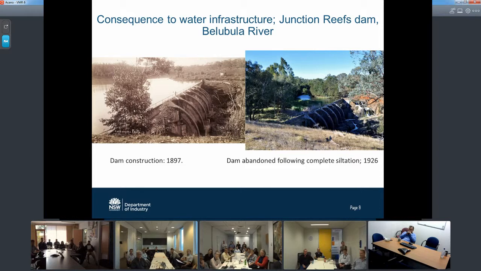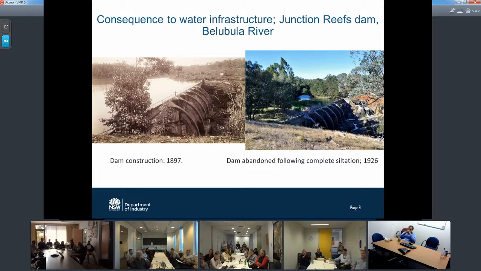They couldn't operate their weir gates, although they tried to use dynamite to open the gates up. And the dam was abandoned less than 30 years after it was originally opened.